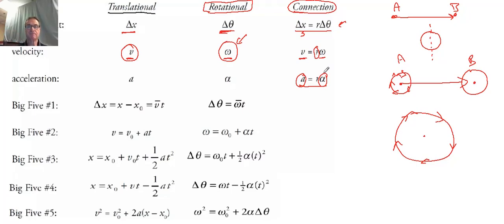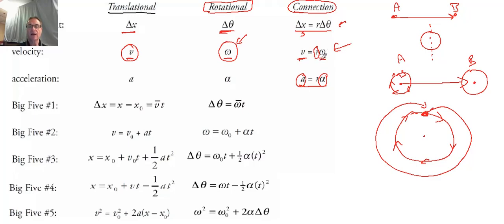Okay, so let's go back up here to the velocity. The linear velocity would be, say, for a point on the circumference of the wheel, I want to know how fast this point takes to go from here all the way back to here again. Well, that would be the linear velocity.